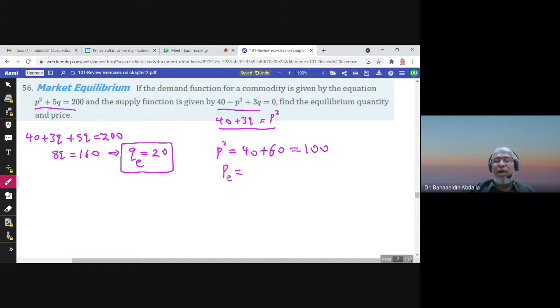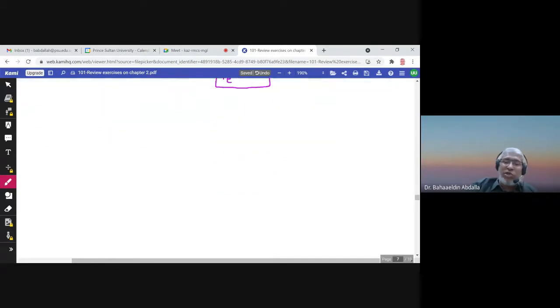So the equilibrium price is 10. Again, if you put Q = 20 and P = 10, you will notice that the two equations are satisfied. 100 plus 100 is 200, and 40 minus 100 is negative 60, plus 60 is 0. So our solution is correct.